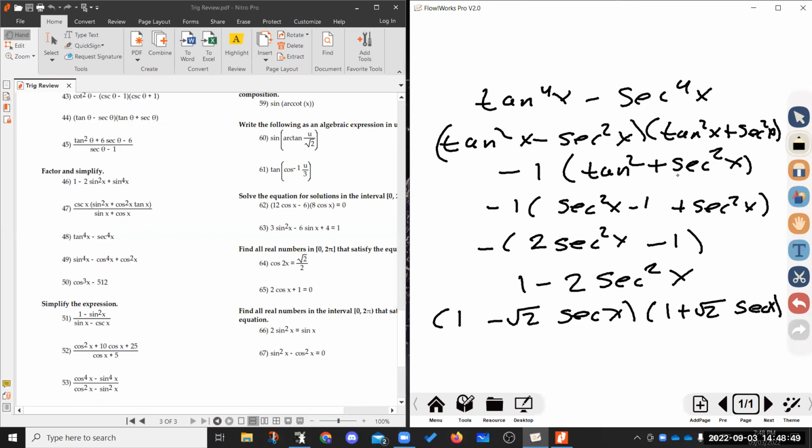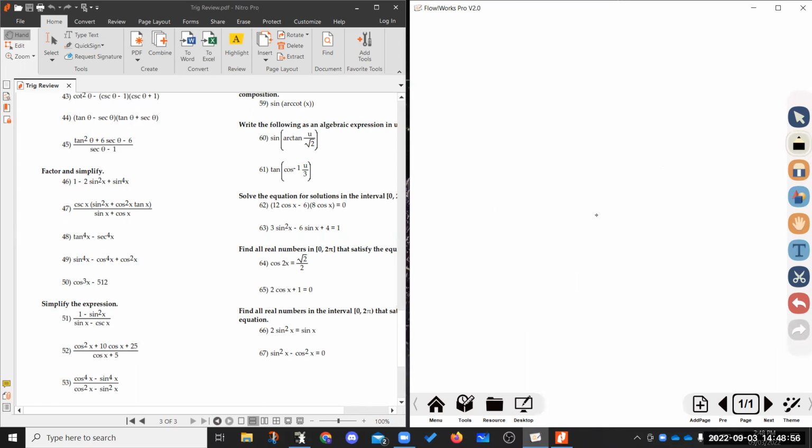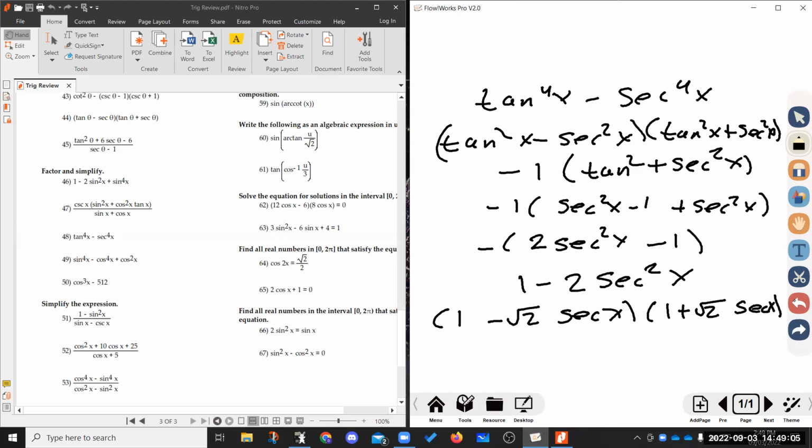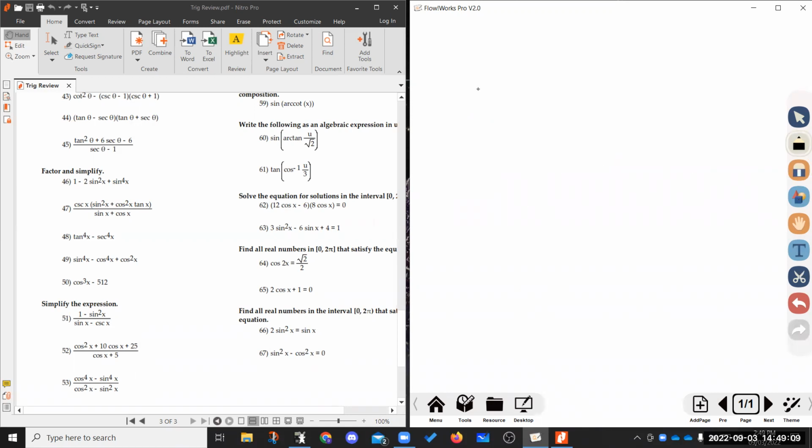I have the option of up here changing secants to tangents or tangents to secants. So take your pick. That was number 48, I believe. Yes, on to number 49.